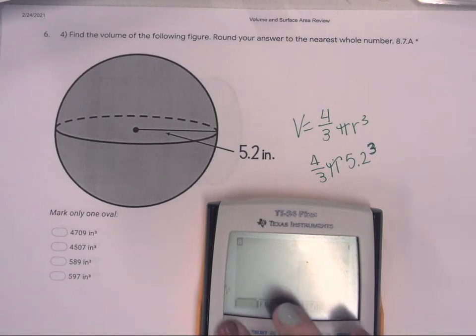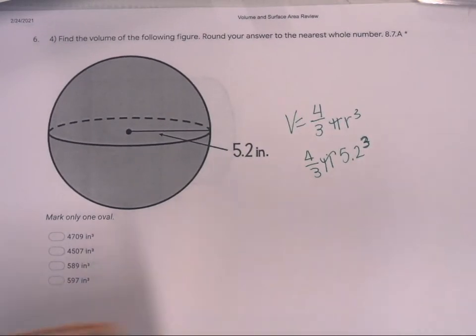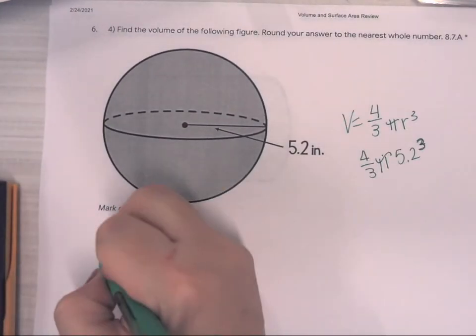So I do 4/3, second, up caret to get pi, 5.2, up caret cubed, it's 588.97, so that rounds up to 589.